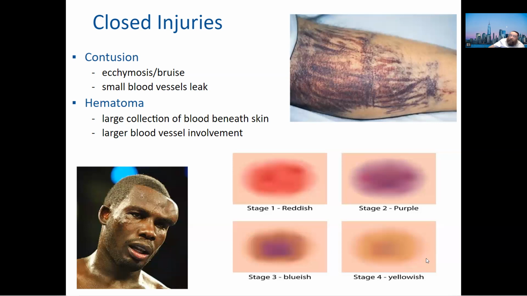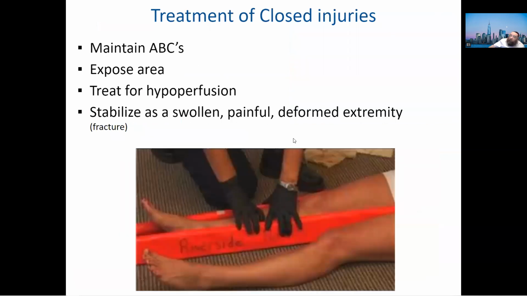So somebody with a yellow bruise, I've done this in real life, you see it and you tell them, well, you didn't call for that because that's not just happened. Because you know that when it turns that color, it's already been a few days and it's already starting to heal. So the words here to know are contusion and hematoma. I want you to know these words.